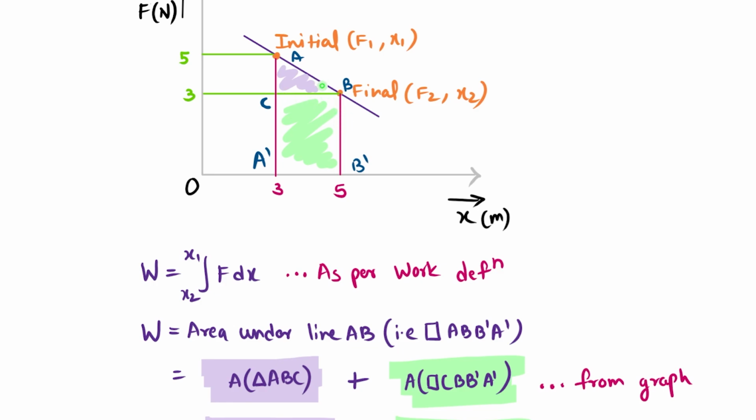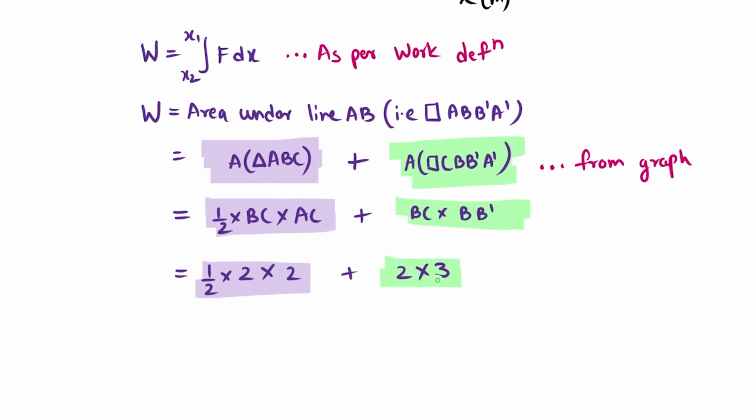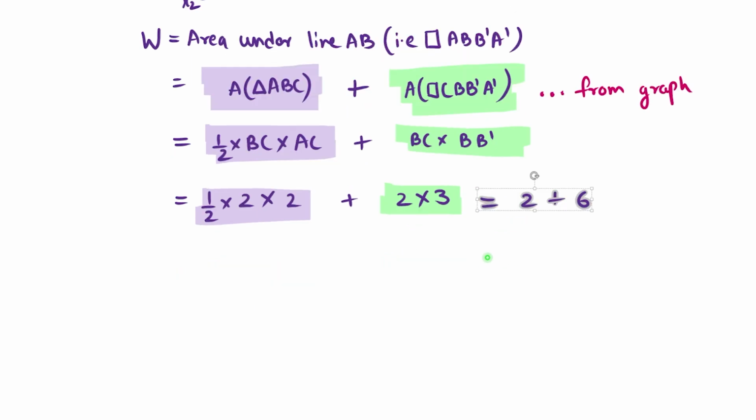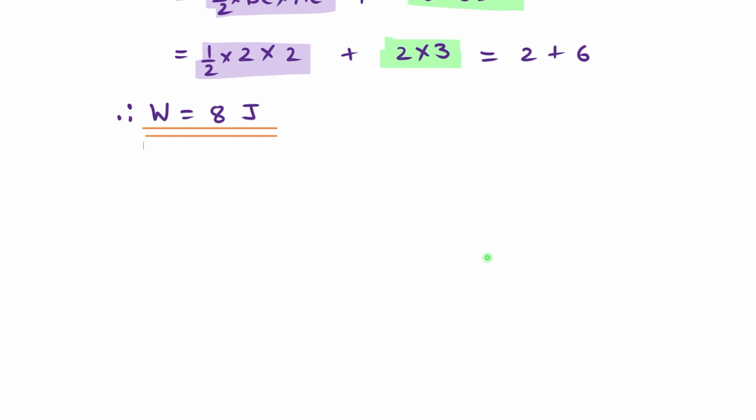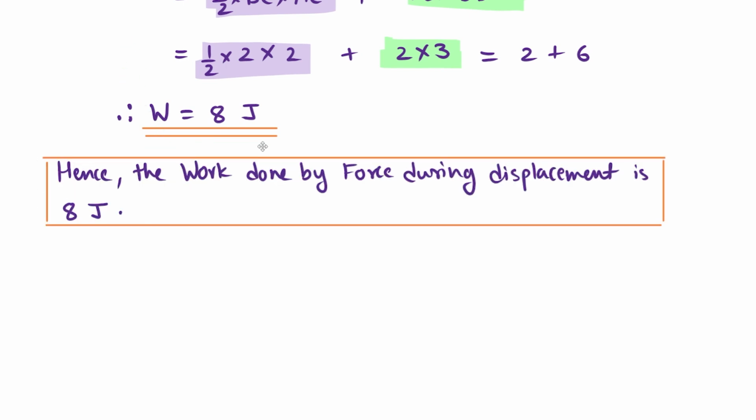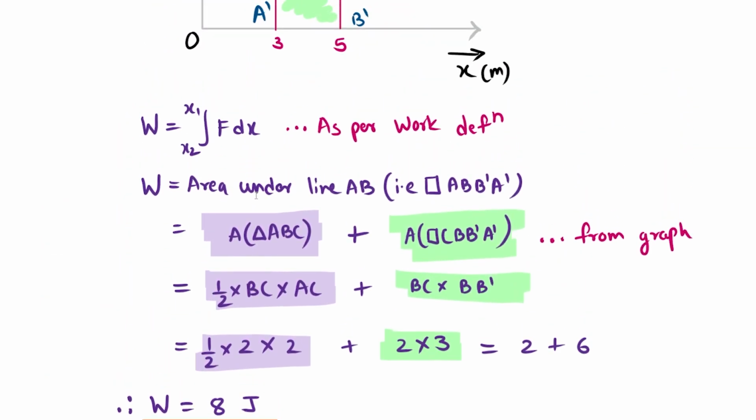For the rectangle, we have BC, which we have already found as 2 units, and then we have BB dash, which is 3 minus 0, that is 3 units. So the values for all the segments have been calculated. If we solve this, we would get our work as 8 joules. So this is the work done by the force during the displacement from x equal to 3 to 5. So this was the sum.